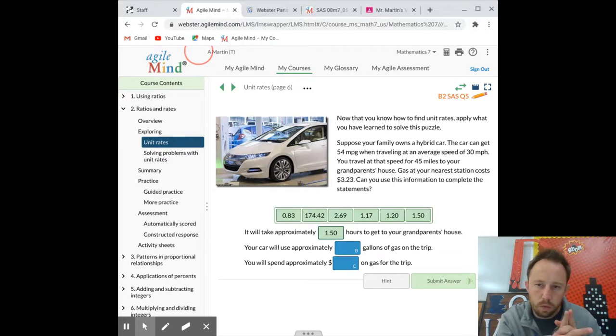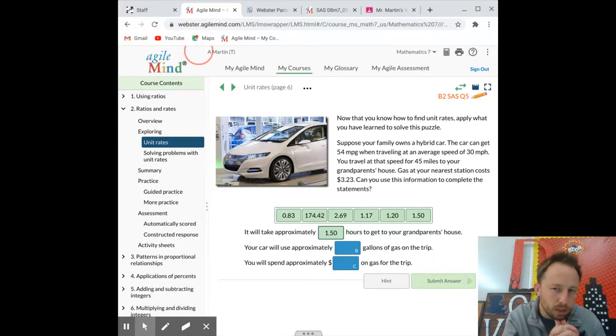So it says that we can go 54 miles per gallon, but how far are we traveling? Oh, we're traveling 45 miles. Correct. So what do I need to do with the miles driven and the miles that we can get per gallon of gas? Divide them.